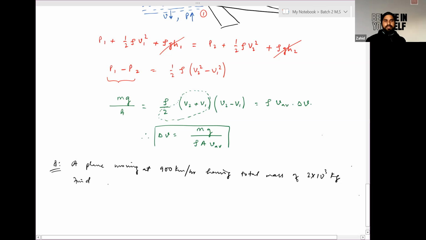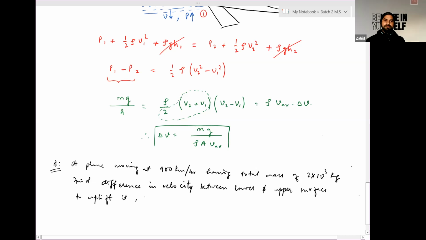Find the difference in velocity between the lower and upper surface to uplift it, if the area of the wingspan is 25 meters squared.